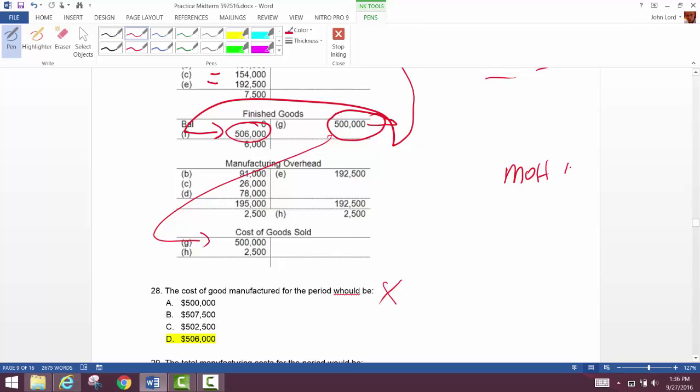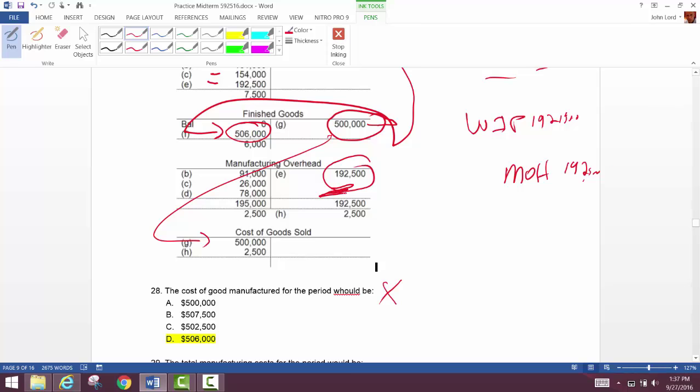Credit the applied and debit the work in process, right? So do I have a credit to the applied here? 192,500. Okay. Debit on the left, credit on the right.